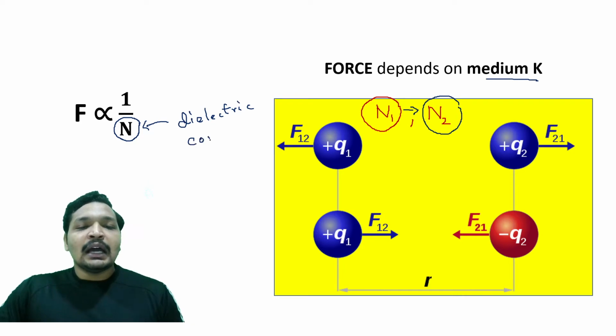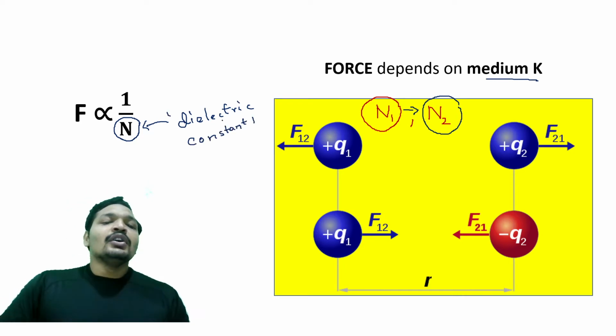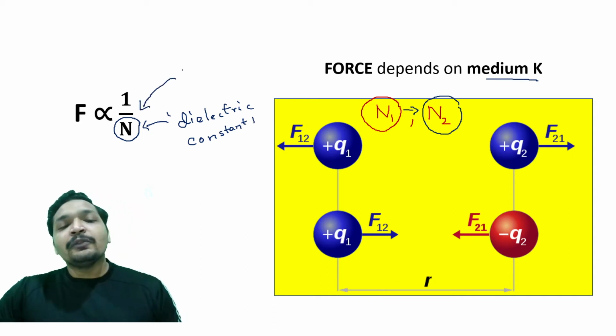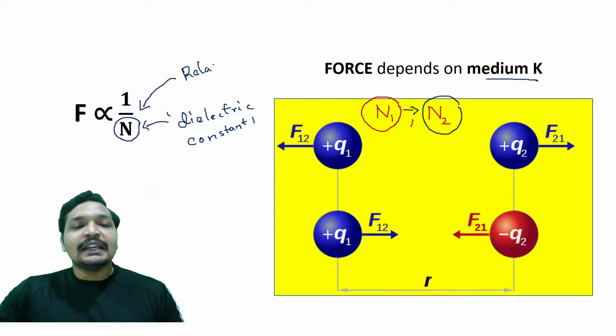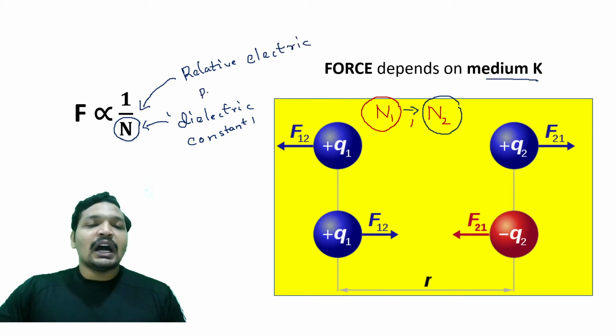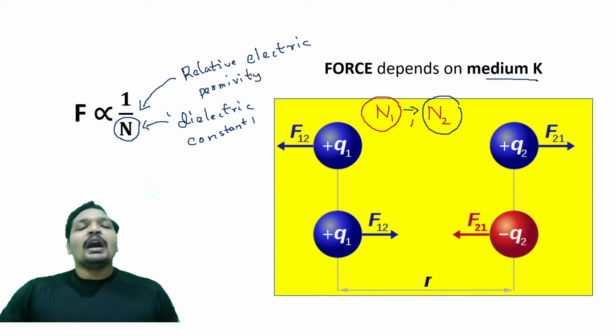And what do we know about this dielectric constant? We know that this dielectric constant is also called relative permittivity, or relative electric permittivity. So the more the relative permittivity, what would happen?